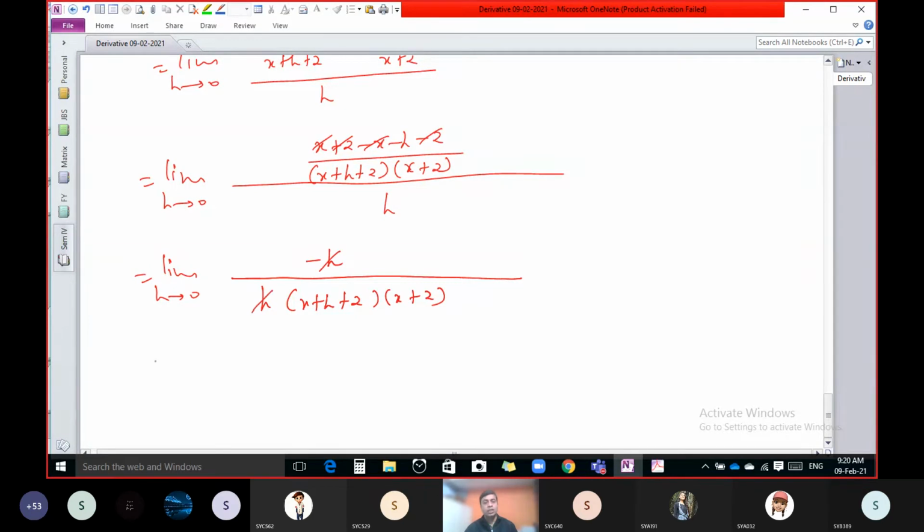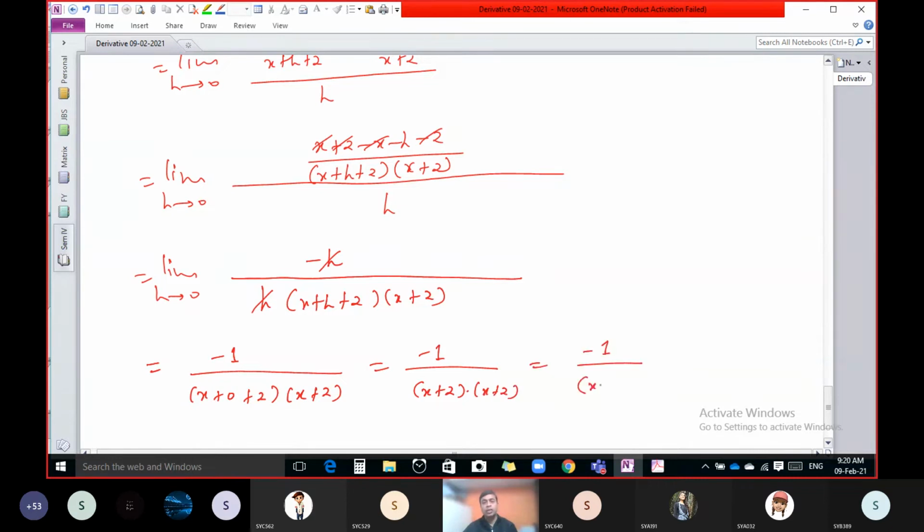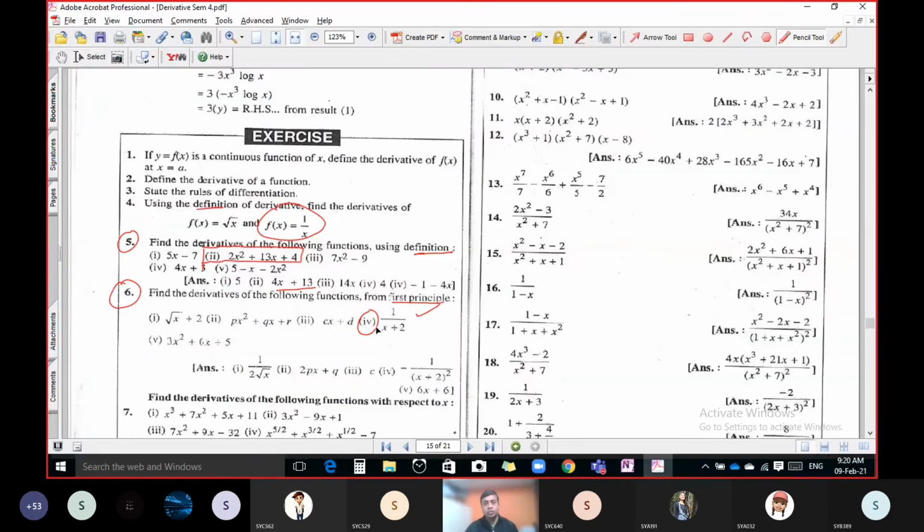Now cancel this h and now put h equal to 0. So minus 1 in numerator and x plus 0 plus 2 and this x plus 2. So ultimately minus 1 upon x plus 2 into x plus 2. So finally we get minus 1 upon x plus 2 the whole square. So that is our final answer for this question, minus 1 upon x plus 2 the whole square.